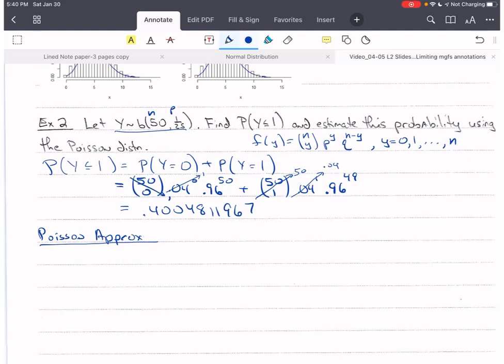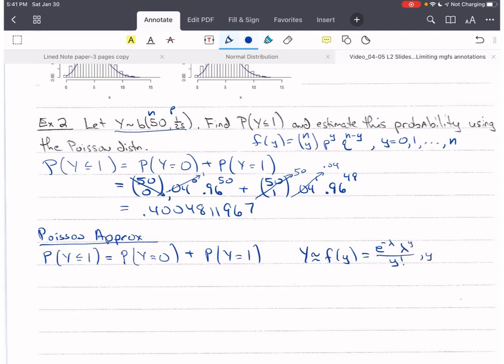Okay. So I want the probability that y is less than or equal to 1, which equals the probability that y equals 0 plus the probability that y equals 1. And here we need to know that y is approximately f of y equals e to the negative lambda, lambda to the y over y factorial, y equals 0, 1, and so forth.